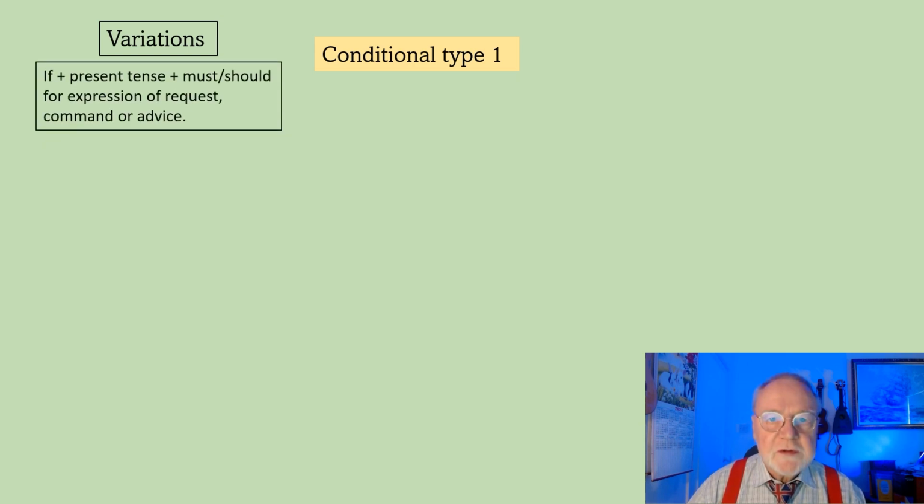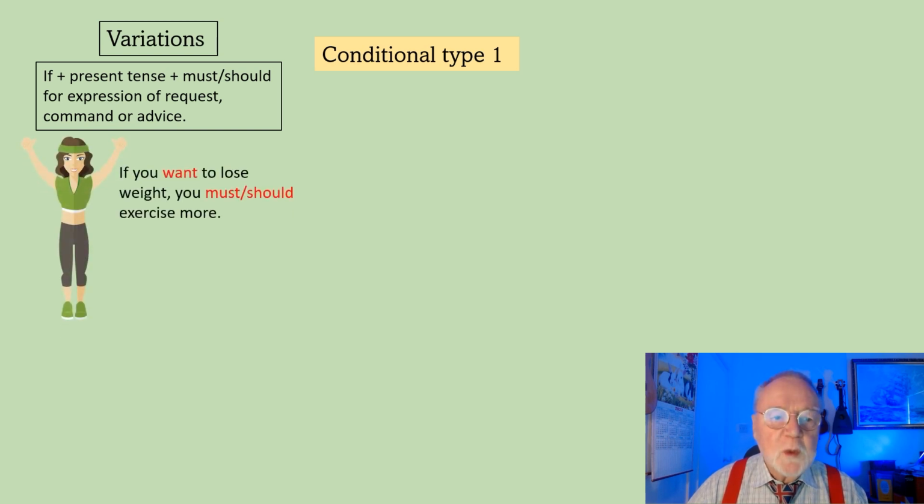If plus the present tense plus must and should, and we use that for expressions of request, command or advice, like this. If you want to lose weight, you should exercise more. That's a kind of instruction, isn't it? If you want to lose weight, you had better eat less sugar, and that's advice.